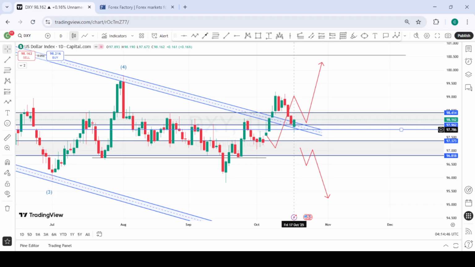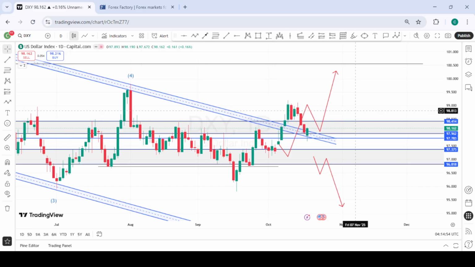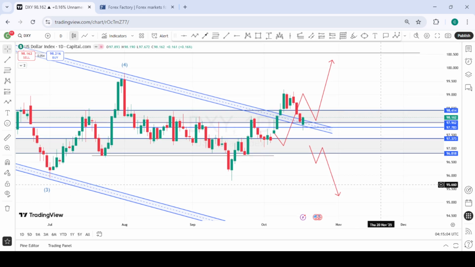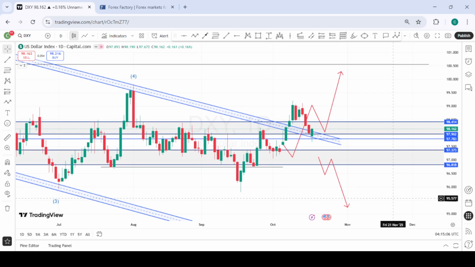So we'll wait for more confirmations within this area to consider our buying bias on DXY. This can only shift bearish if we get price to break this zone, retest, and continue to sell to the downside. But until then, we are still bullish on the DXY.